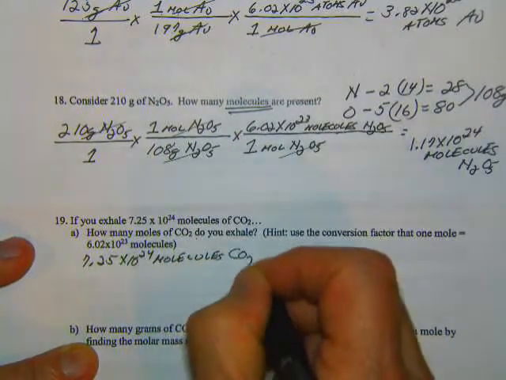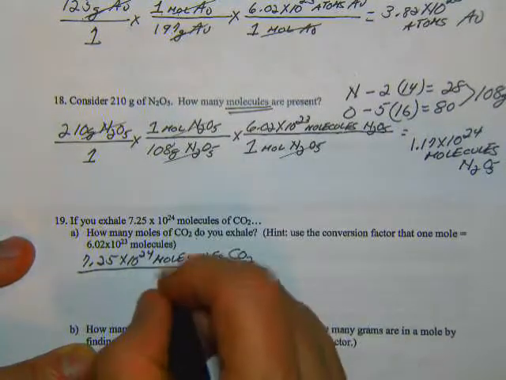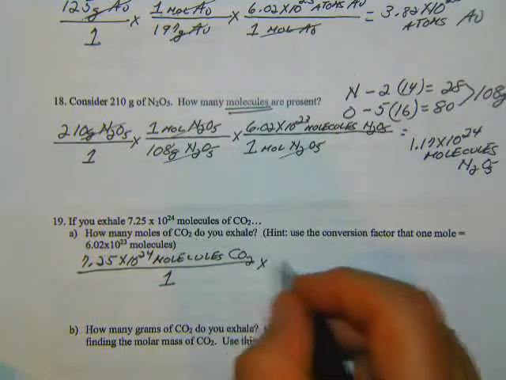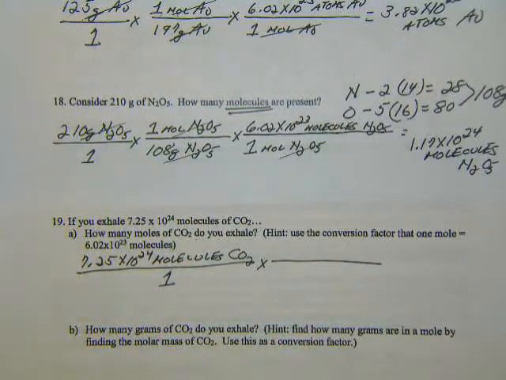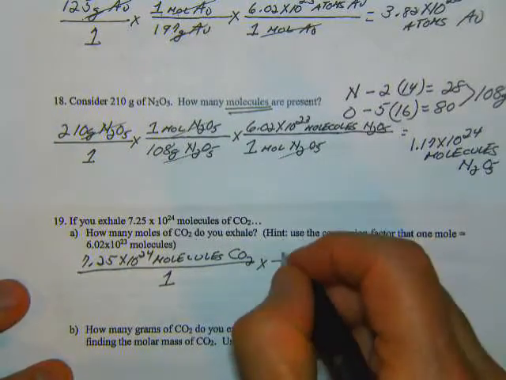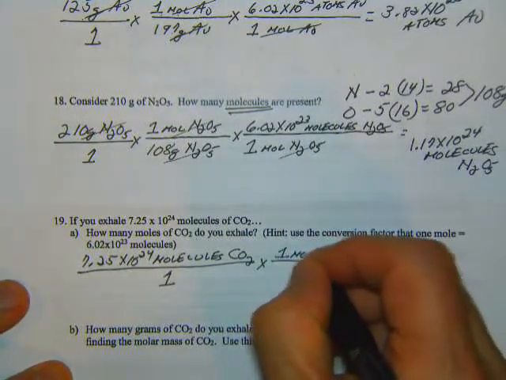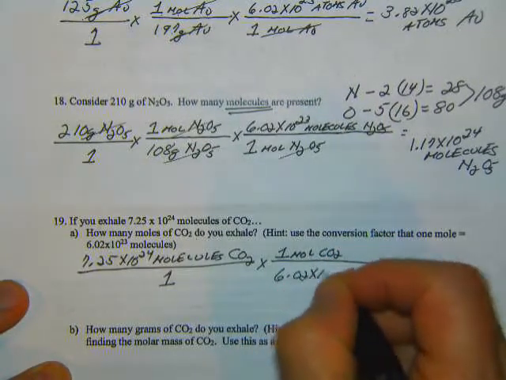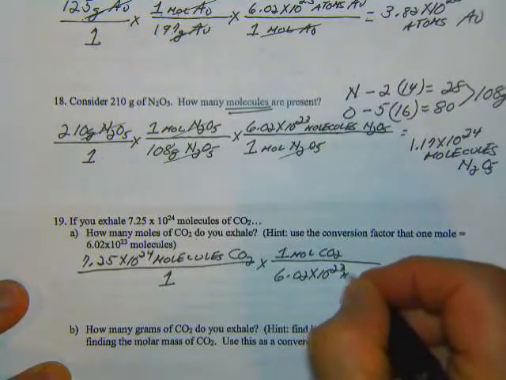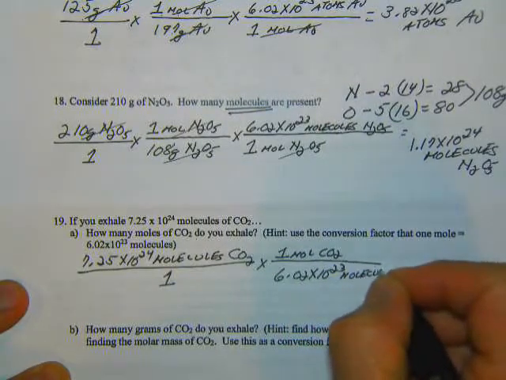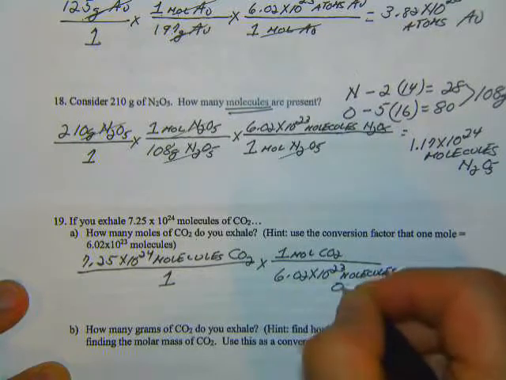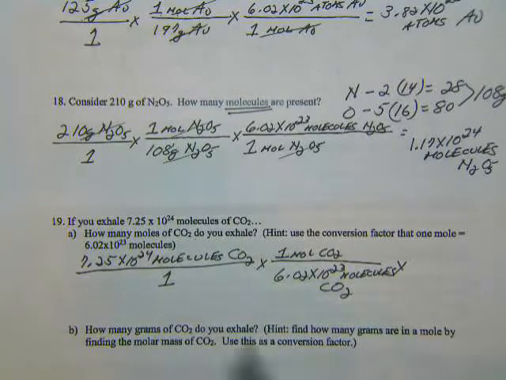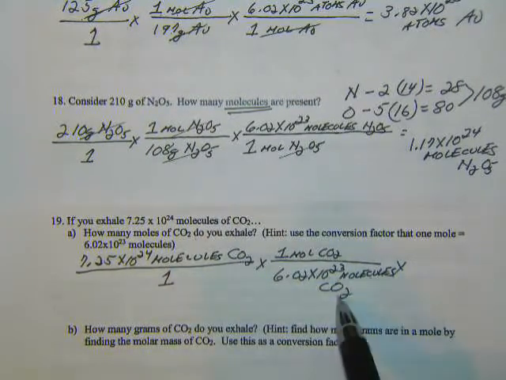Now I know this gets a little redundant trying to write things out, but especially at the beginning when you're learning, I would definitely write things out. And we want to get to moles. Well, we know in 1 mole of CO2, there are 6.02 times 10 to the 23rd molecules of CO2. And the nice thing is molecules of CO2 cancel out.